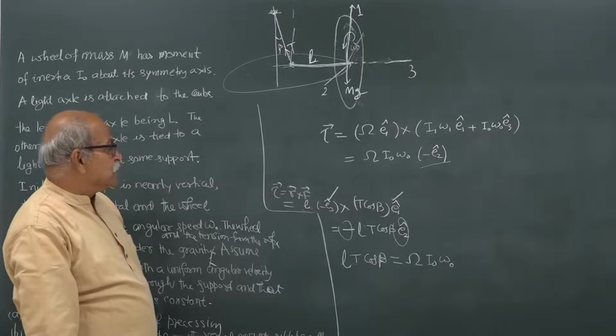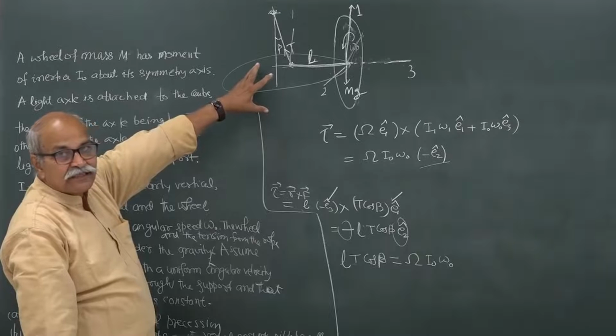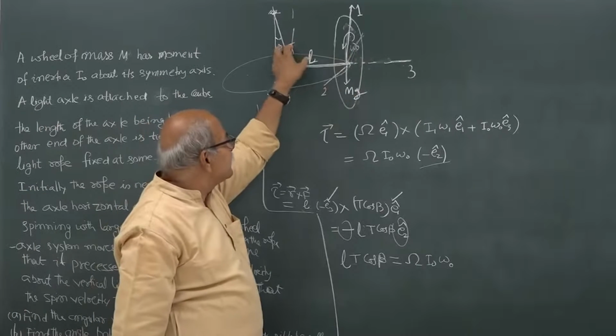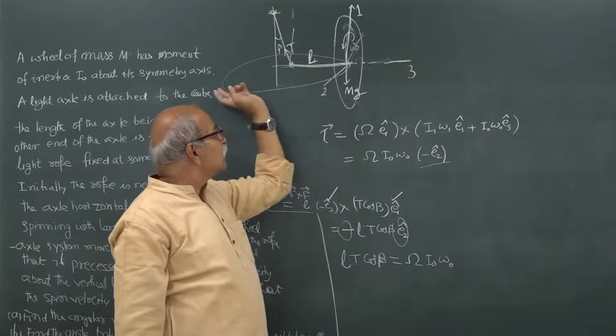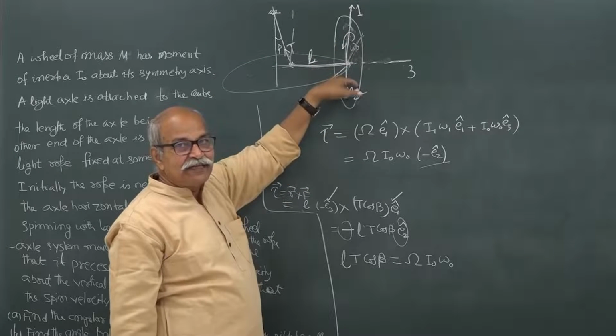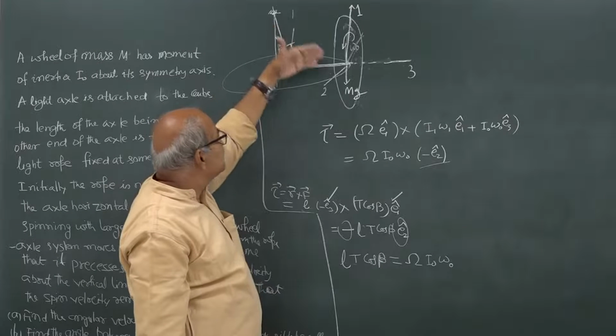Then there is an equilibrium in the vertical direction. This whole wheel axle system, the center of mass is going on a horizontal circle. So, in the vertical direction there is an equilibrium, and therefore, this T cos beta should be equal to mg.